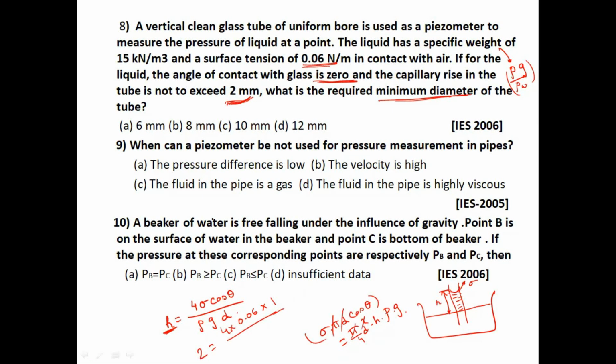Rho g is given as 15 kilonewton per meter cube, that is 15,000 Newton per meter cube, and d, the minimum diameter, is what they are asking for.